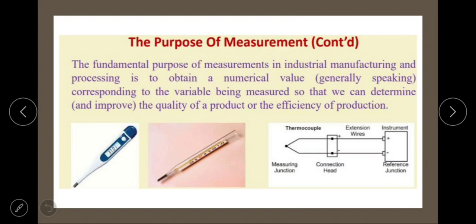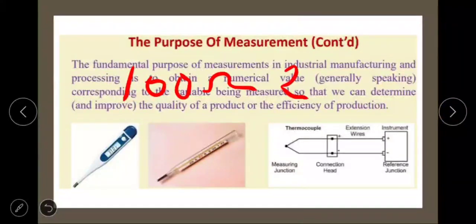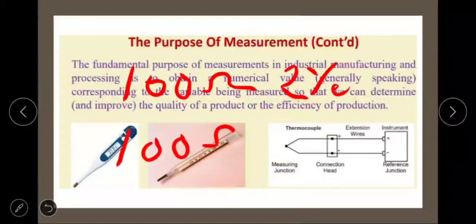Let us suppose we are going to buy a resistor of 100 ohm having a tolerance of 2%, and there is one more resistor available in the market which is of 100 ohm and having a tolerance of 10%.